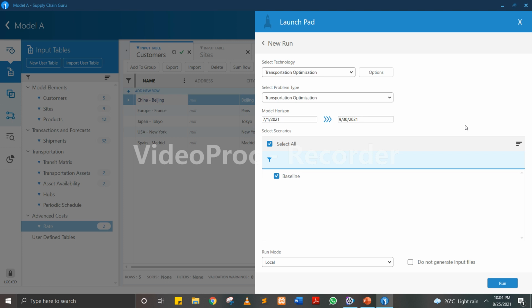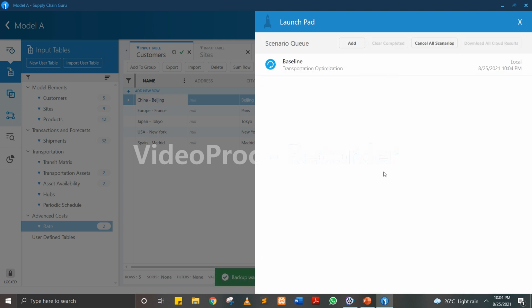This is done for one product order, about a two-month duration. Once you run it, the baseline transport optimization scenario will be running now.